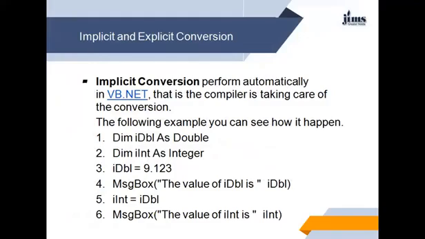In the first line we declare a double and an integer, assign the double the value 9.123, and print it. Then we assign this double value to the integer, and when we print the integer it prints 9 rather than 9.123. So implicit conversion took place here.